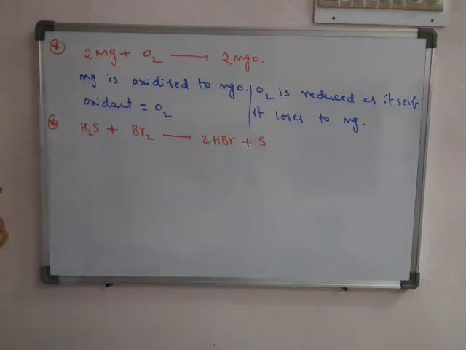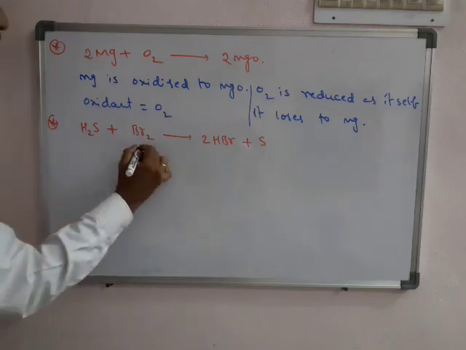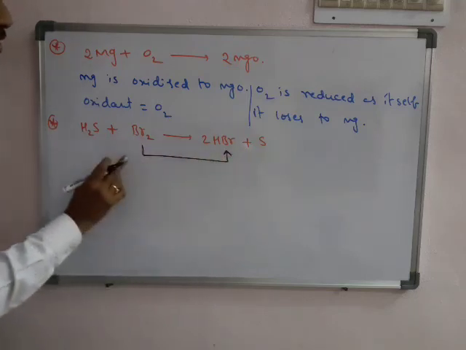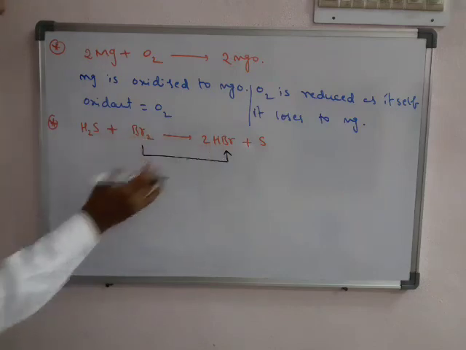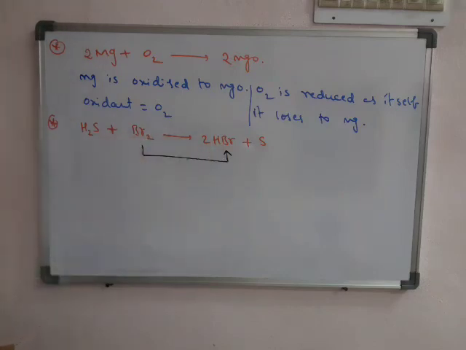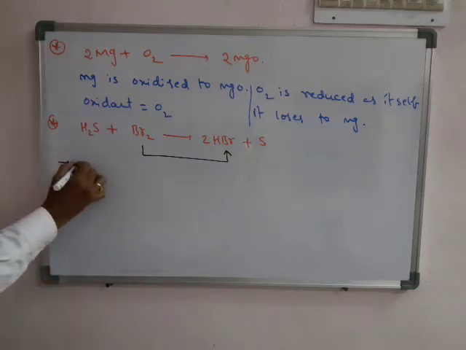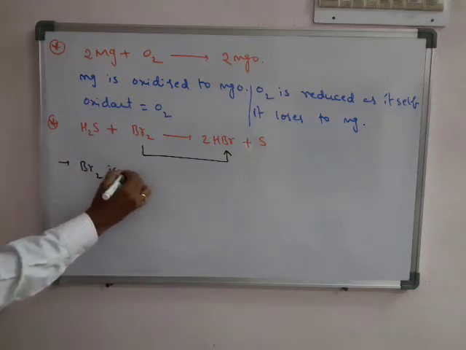There is no oxygen term here, so we consider hydrogen terms. Here Br2 becomes HBr. Br2 becoming HBr means bromine is added by hydrogens. Since it gains hydrogens, here bromine is reduced. So it becomes HBr.